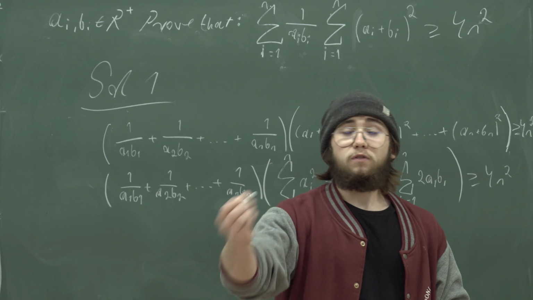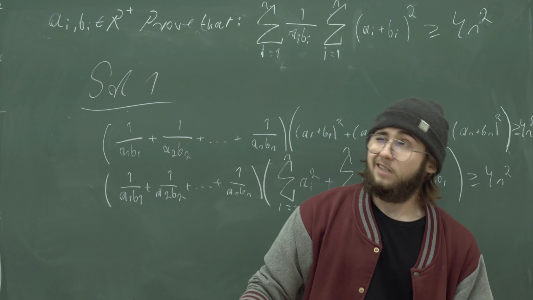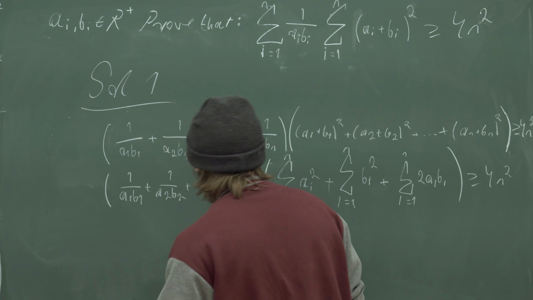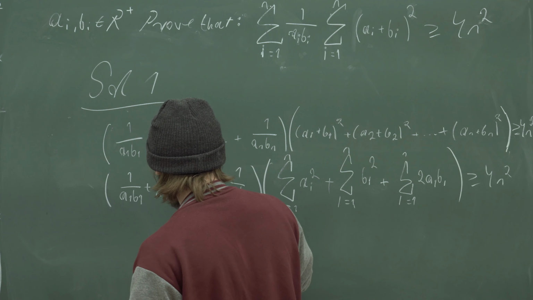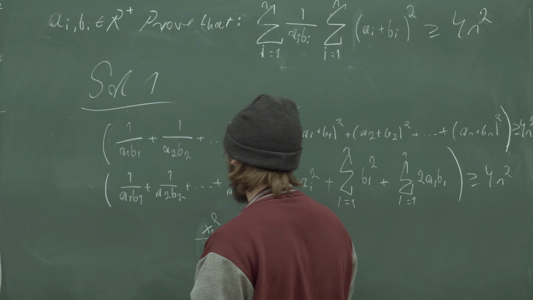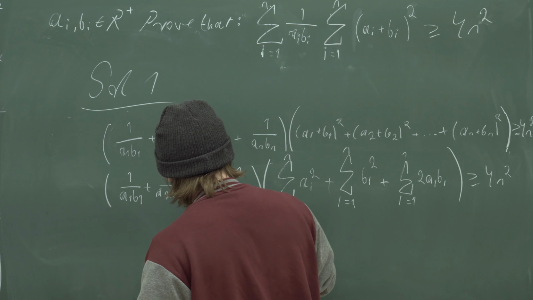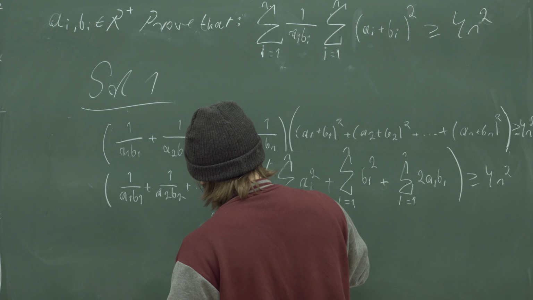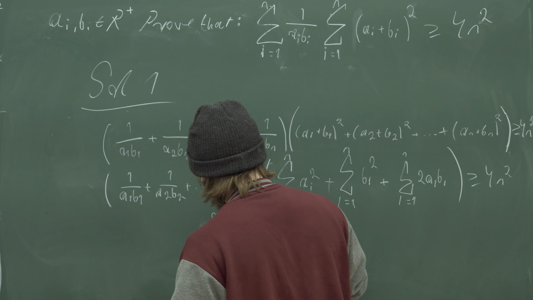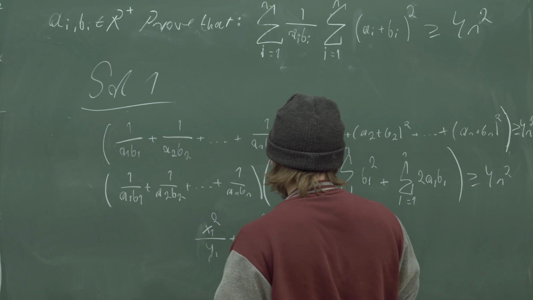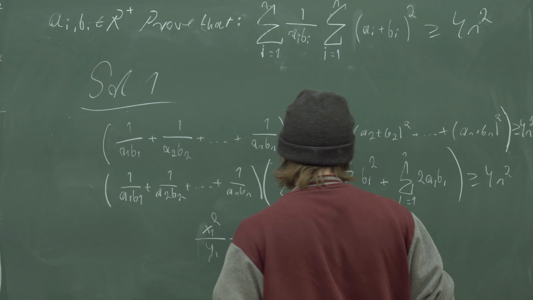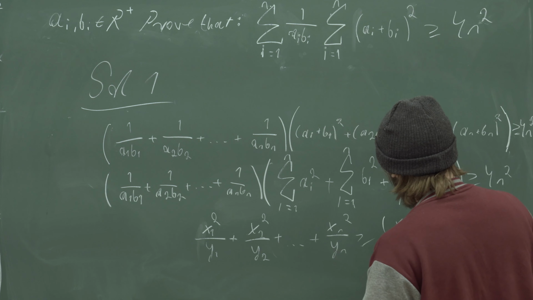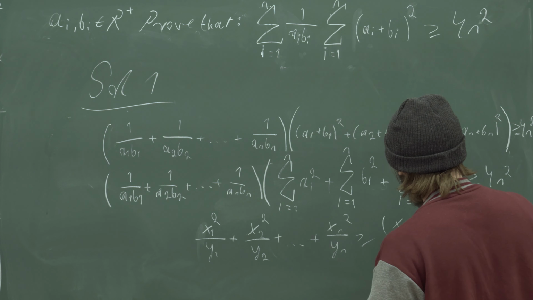Well, there's this lovely theorem, the angle form of the Cauchy-Schwarz inequality, which states that whenever we have x's and y's, then x_1 squared over y_1, plus x_2 squared over y_2, and so on up to x_n squared over y_n, is greater than or equal to the square of the sum of all of the x's.